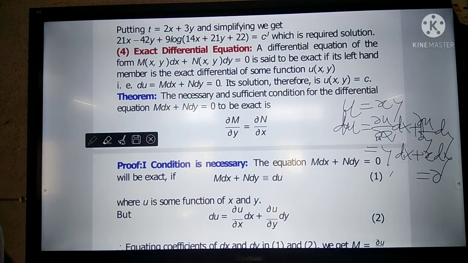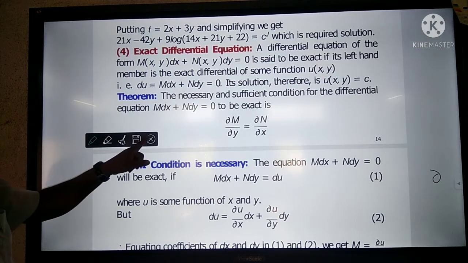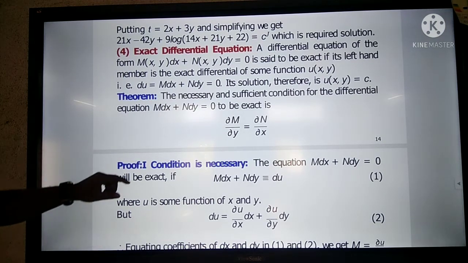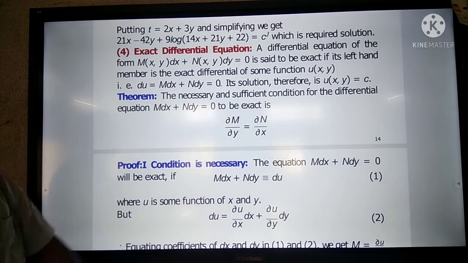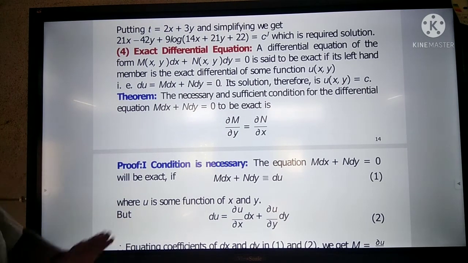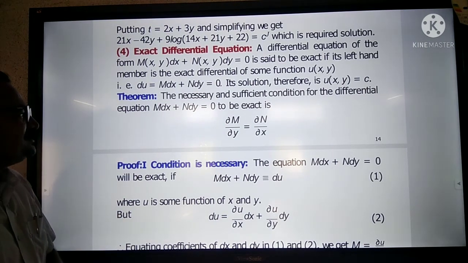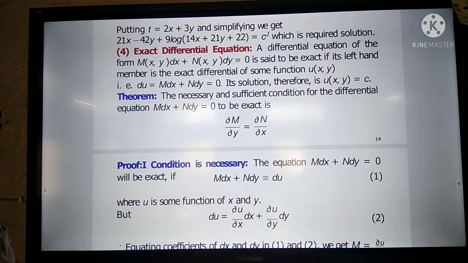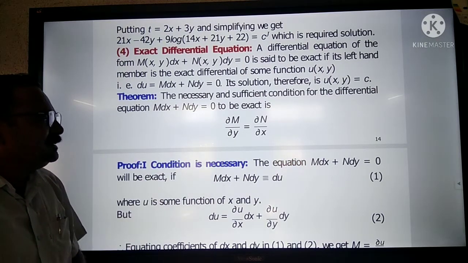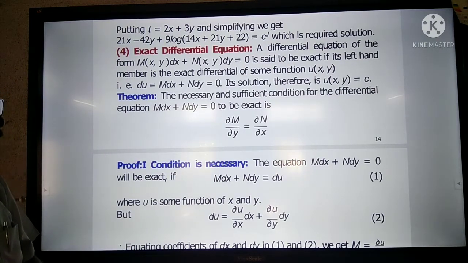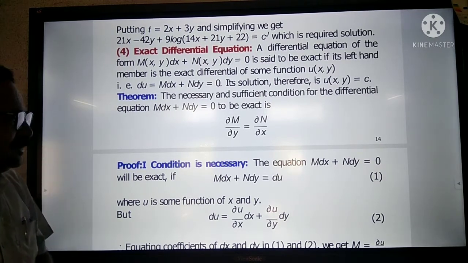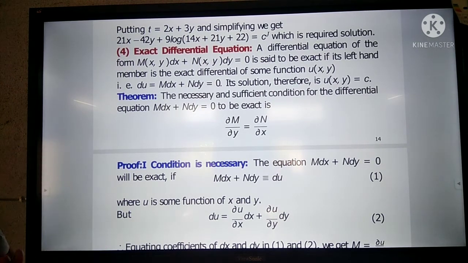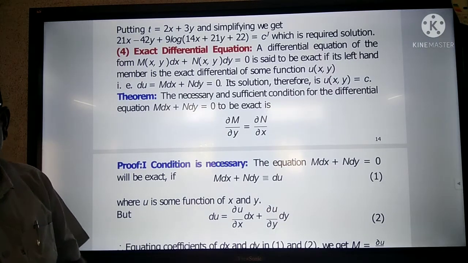There is one theorem for when this equation is said to be exact. The necessary and sufficient condition for the differential equation M dx plus N dy equal to 0 to be exact is ∂M/∂y equals ∂N/∂x. Now we are not going to prove this because our exam is MCQ type.